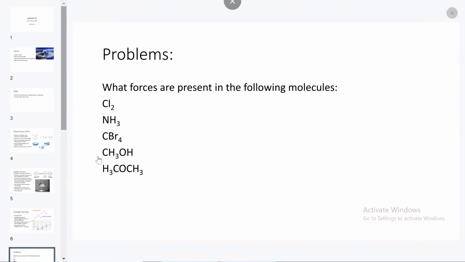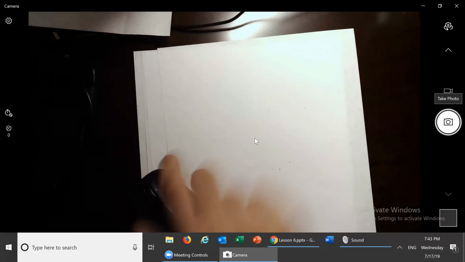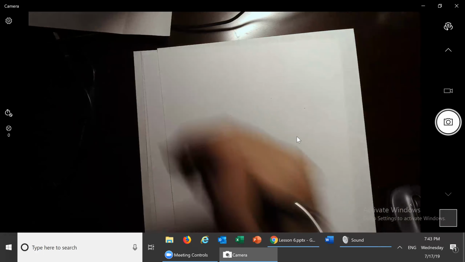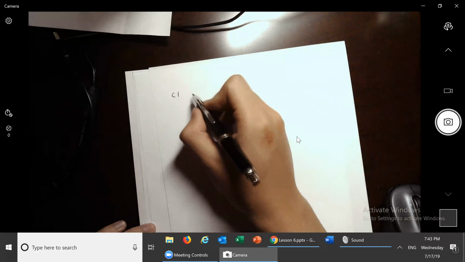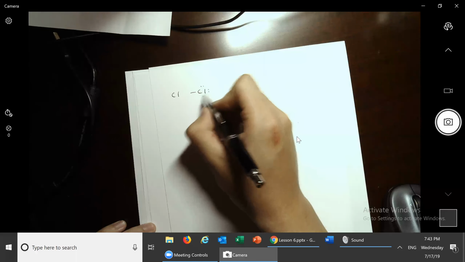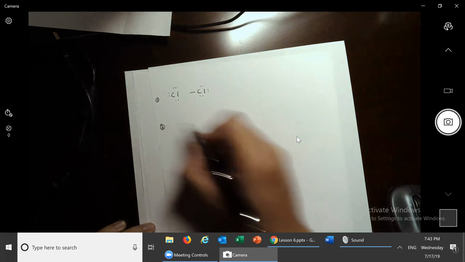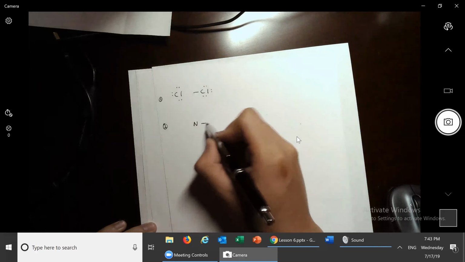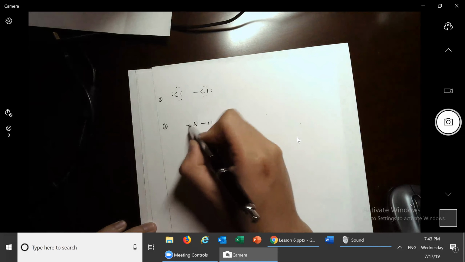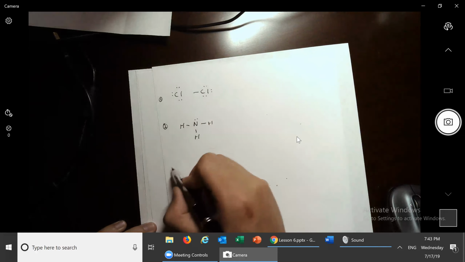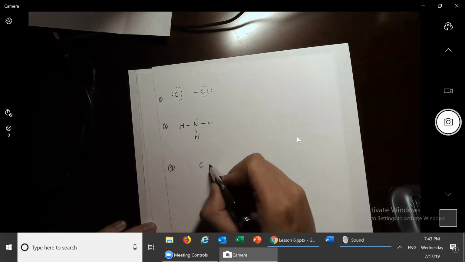So if you want to know their names, that's what they are. First, we have chlorine, dichlorine. Two is ammonia. Three is carbon tetrabromide.